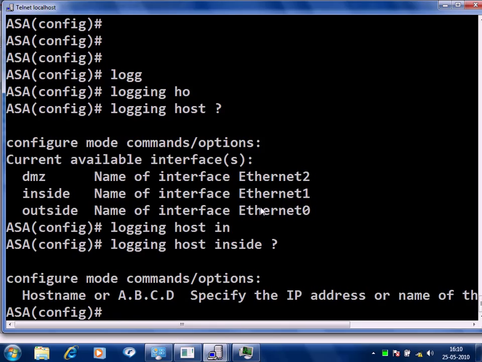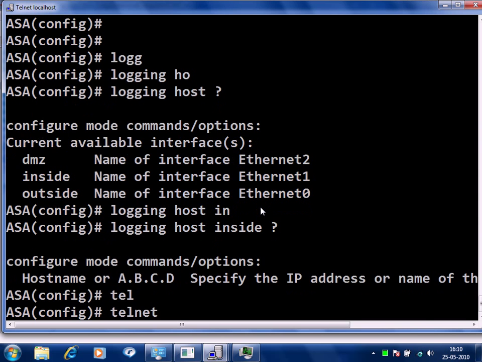Okay, now configure the telnet. One more thing: from ASA you cannot telnet to any device. Telnet cannot access any device; we cannot do telnet from ASA to anywhere, right?